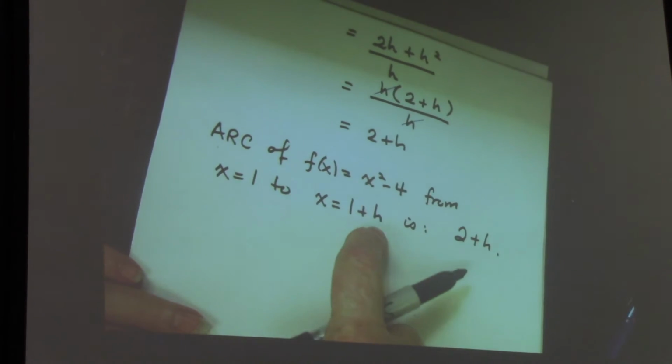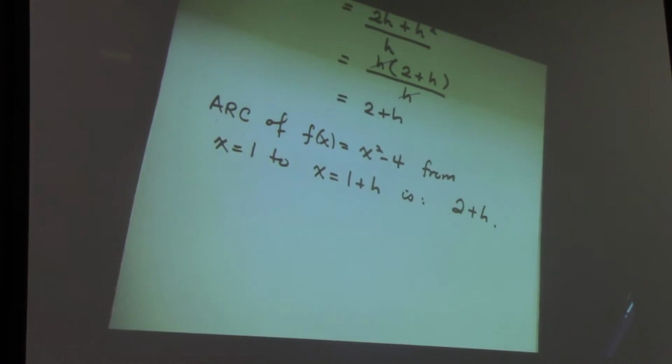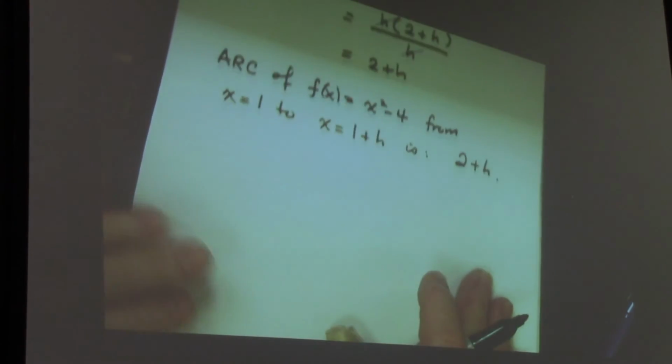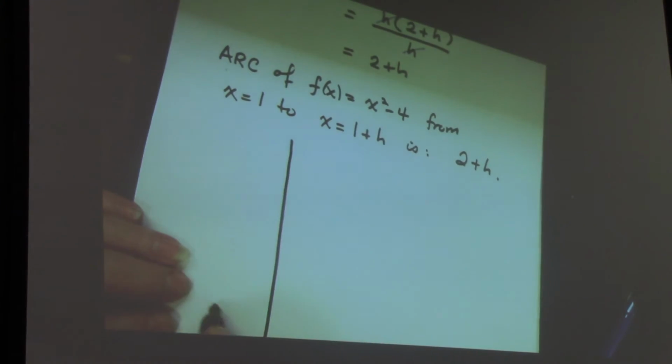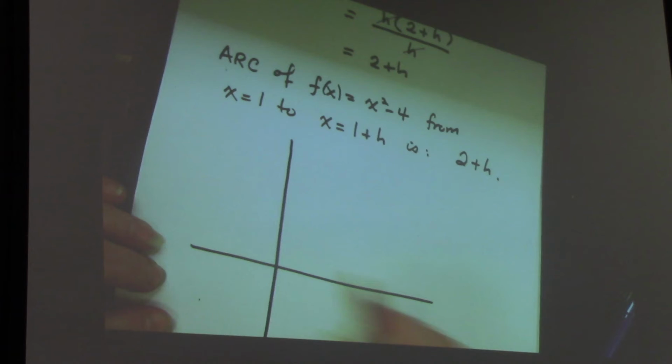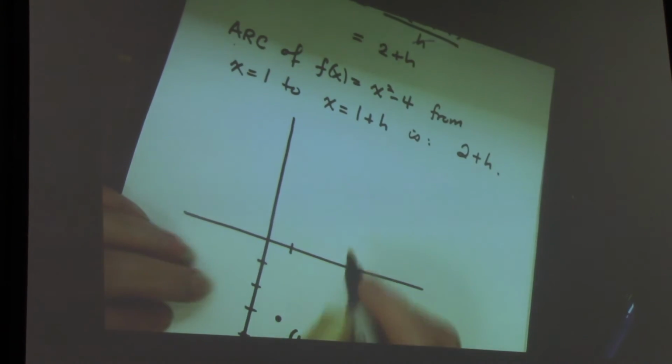So whatever h is, the slope of that line is 2 plus whatever that h is. Here's the point when x is 1, comma negative 3.